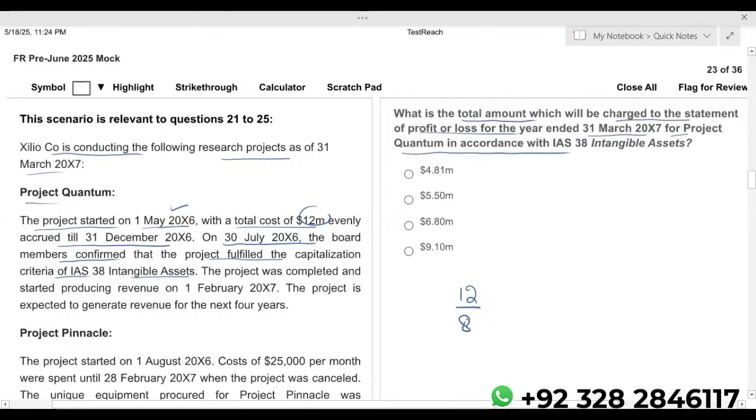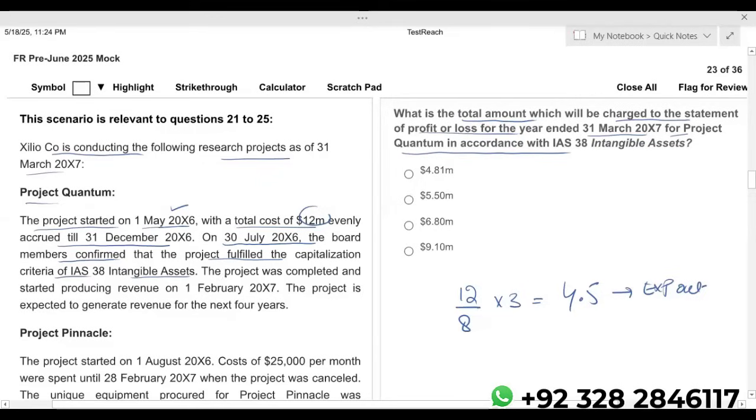In May, the criteria was not met. In June, it was not met. Even July, it is met only at the end of July, so I can say the criteria was also not met in July. So 12 upon 8 gives the expense of 1 month, multiplied by 3. First 3 months, 4.5 million will have to be expensed out.